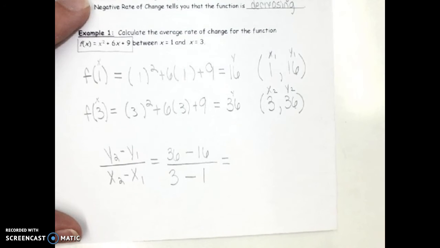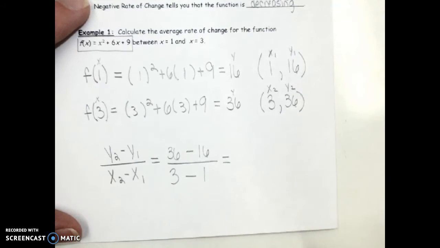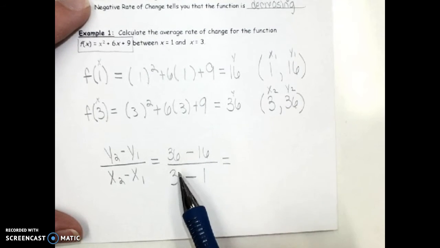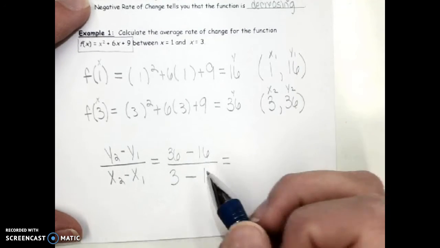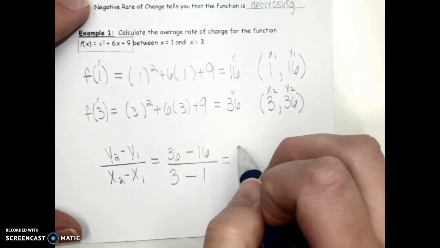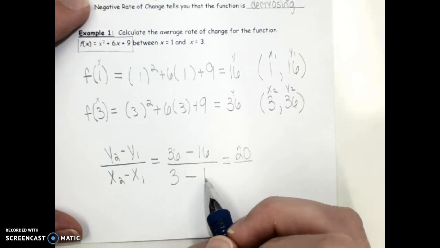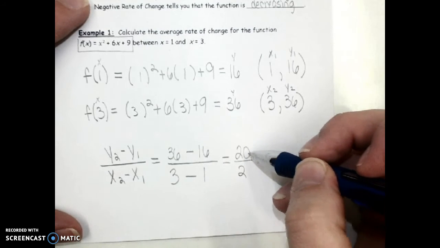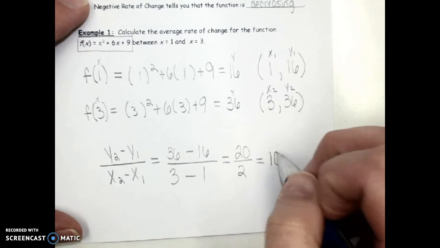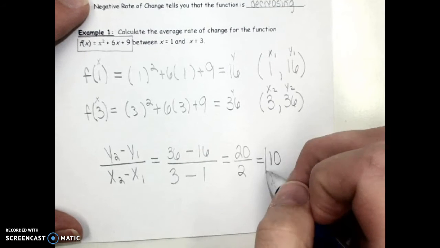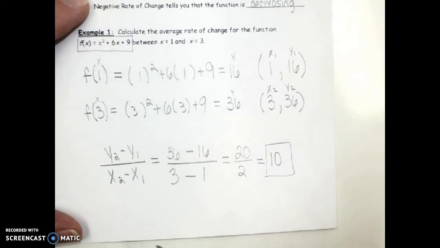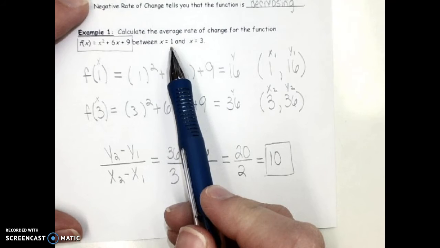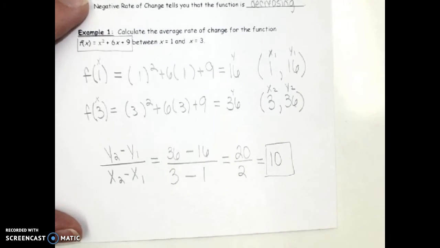Now I'm allowed to use my calculator here if I would like. I just type the whole thing in the way I see it. It gives me out an answer. 36 minus 16 is going to be 20. And 3 minus 1 is going to be 2. And hopefully you know that 20 divided by 2 is going to be 10. So your average rate of change between x equals 1 and x equals 3 is 10.